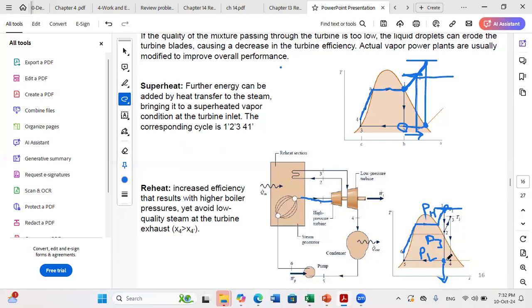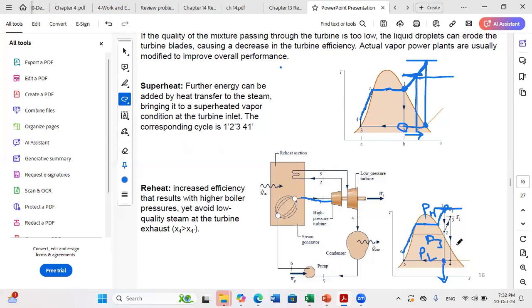Let's say, for example, it's 0.7. So I have 30% of liquid droplets, which is not good for my turbine blades. I put a minimum quality. Let's say I need it to be minimum 90% or 95%, for example.